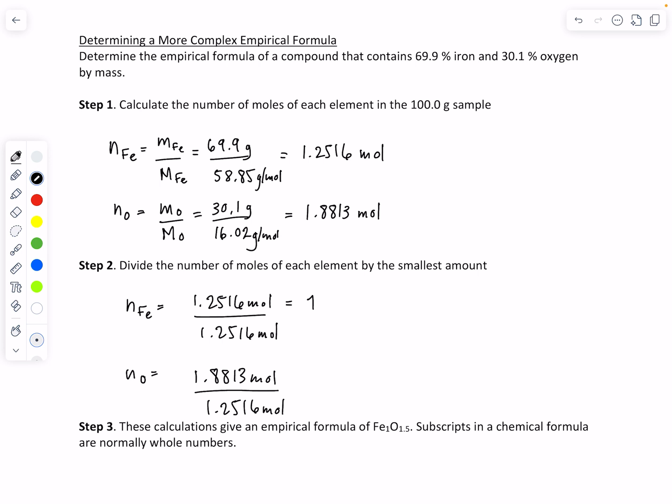So we end up with a mole ratio of 1 iron to 1.5 oxygen. To convert this to the simplest whole number, we multiply both by 2, so we get 2 to 3.